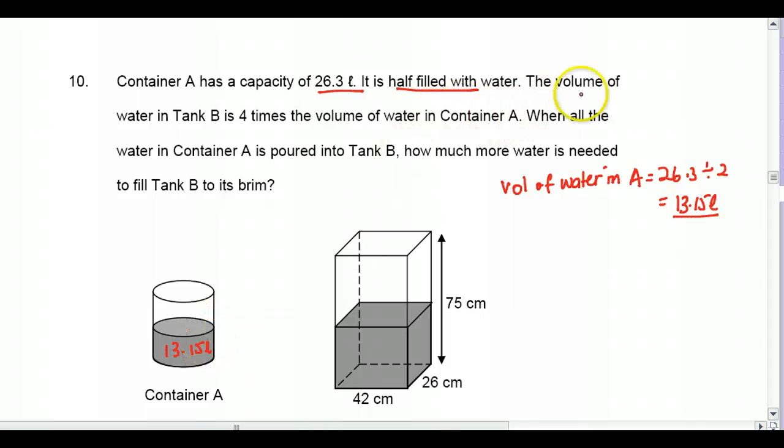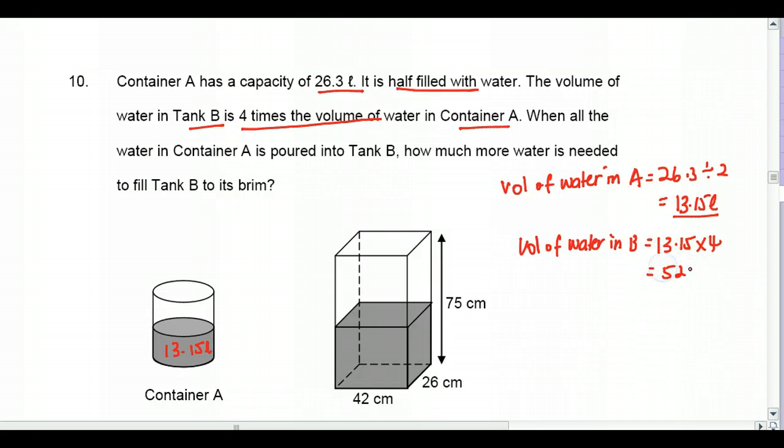I can write here. Volume of water in tank B is 4 times the volume of water in tank A. So volume of water in tank B will be 13.15 times 4, which gives me 52.6 liters. So I know this is 52.6 liters.